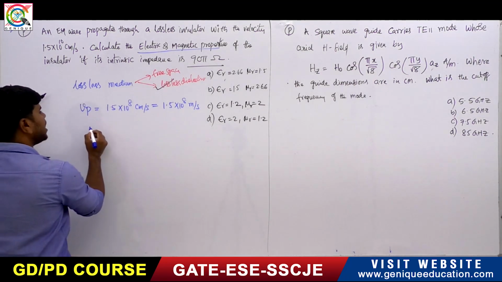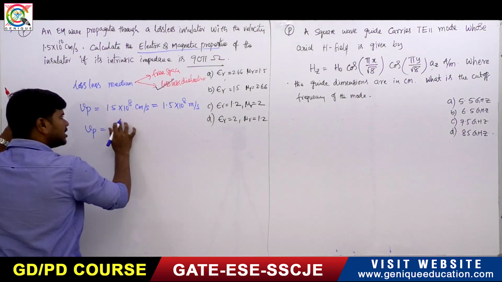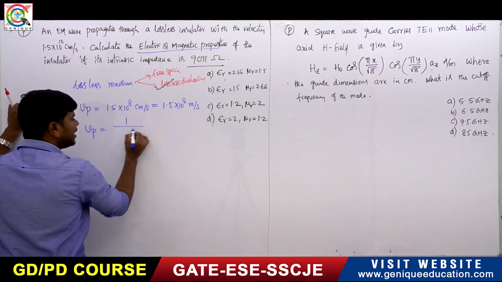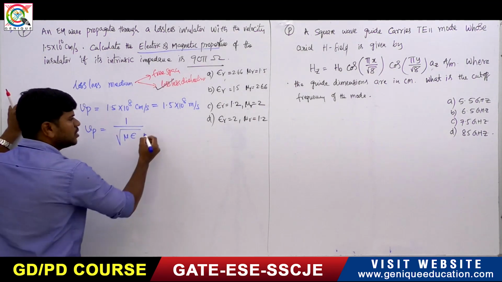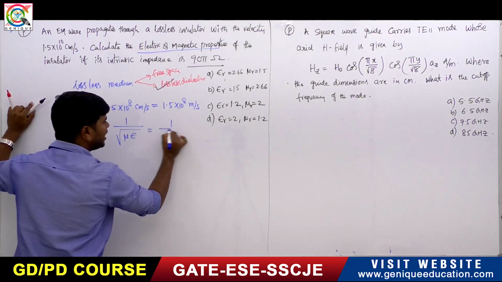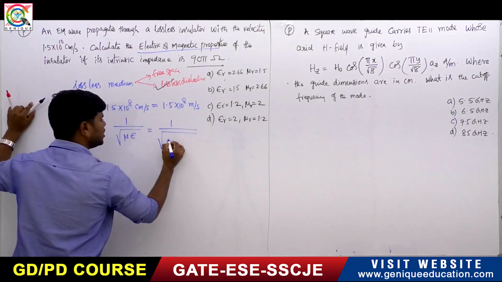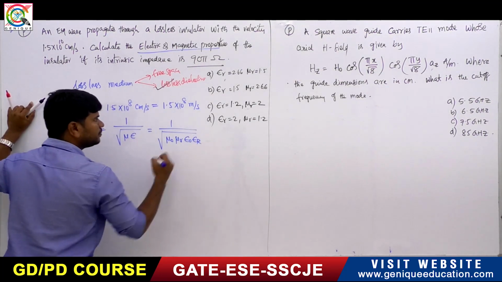So what is the phase velocity in a lossless medium? The phase velocity in the lossless medium, Vp, is equal to 1 divided by root mu epsilon, right? So you can write this as 1 divided by root over mu naught mu r epsilon naught epsilon r.